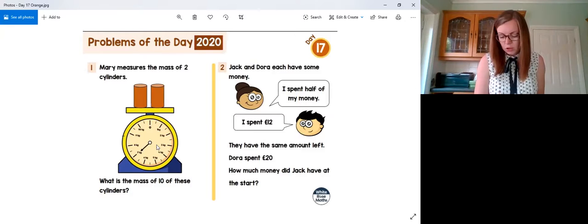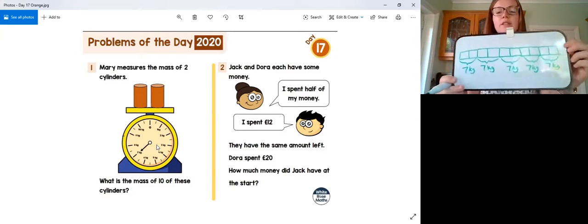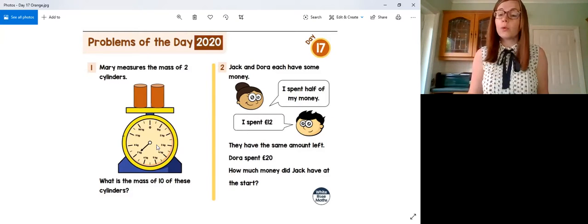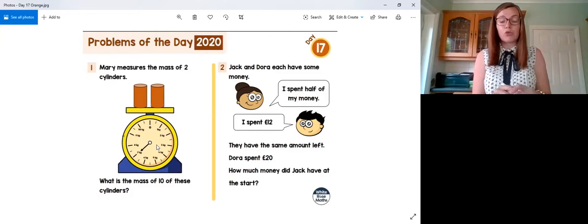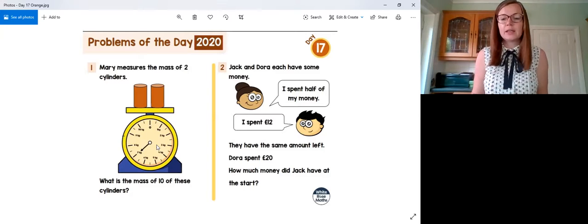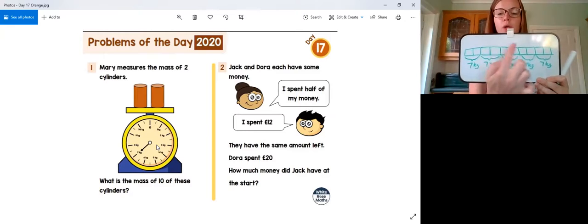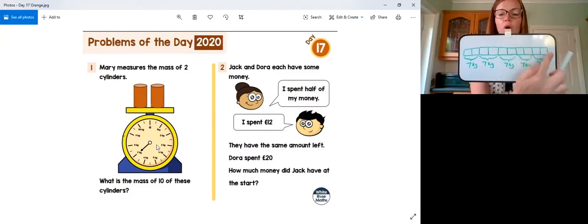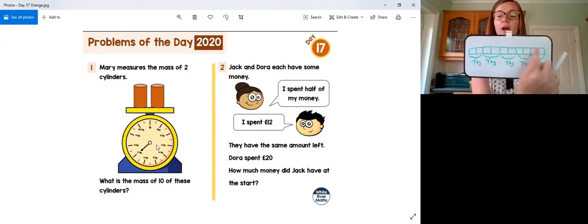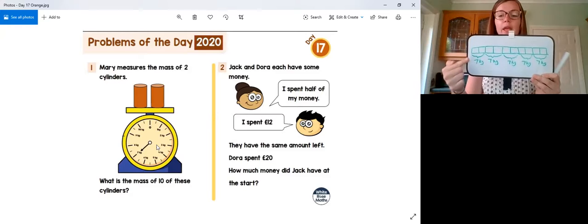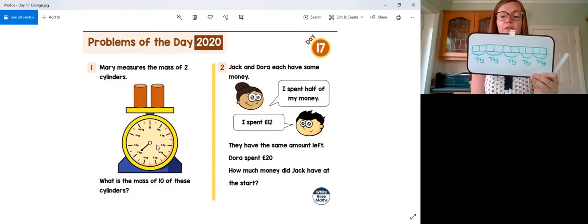So all these blocks of 2 are 7 kilograms. So what we're really working out here is how many groups of 2 does it take to get 10? Well, we have 1, 2, 3, 4, 5. So we have 5 groups of 2. Each group is worth 7. So we have 5 lots of 7.